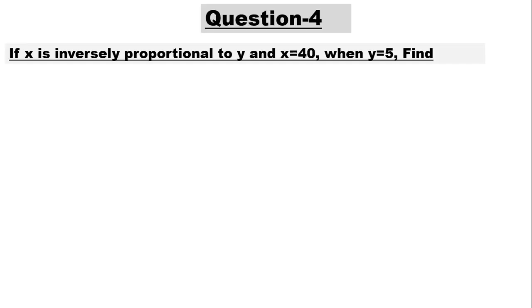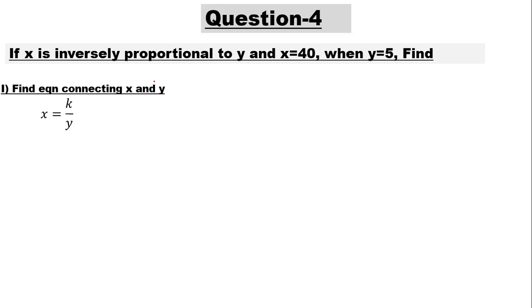In question number 4 students, if x is inversely proportional to y and x equals 40 when y is equal to 5, find number 1, the equation that is connecting x and y. Students, if we convert this sentence into an algebraic form, we will simply write x is inversely proportional to y, or we can simply write x is equal to k over y.